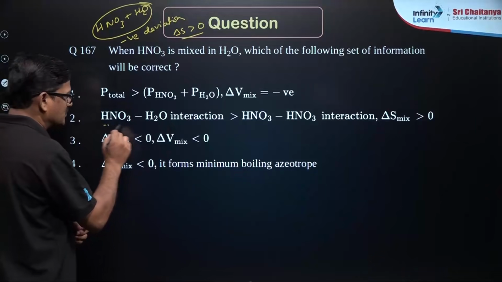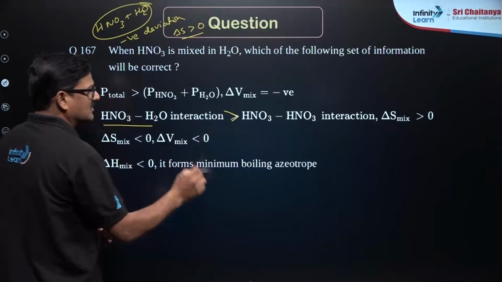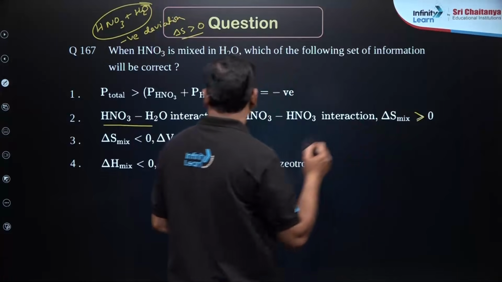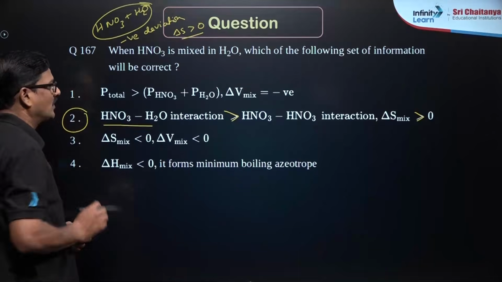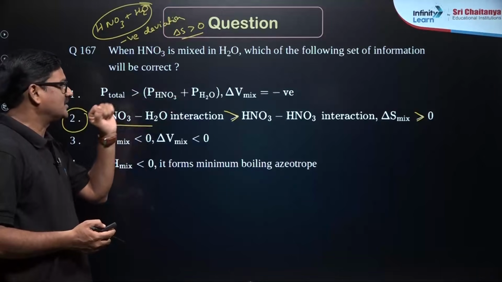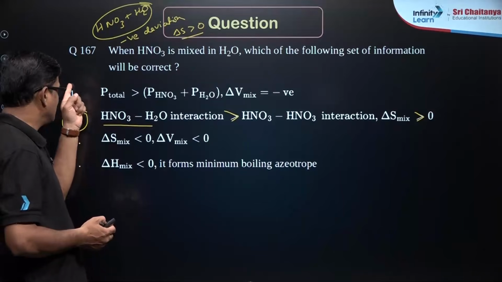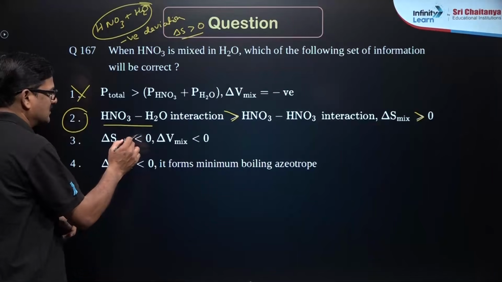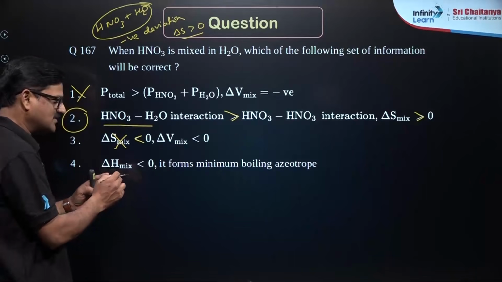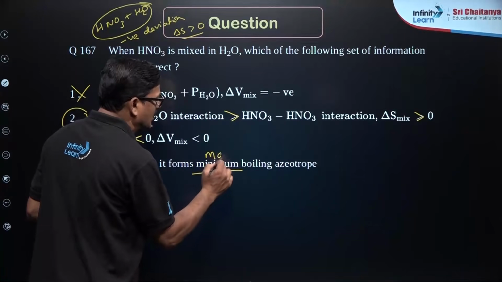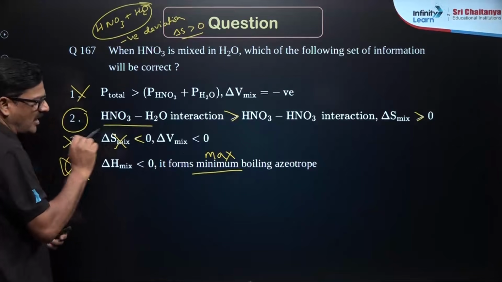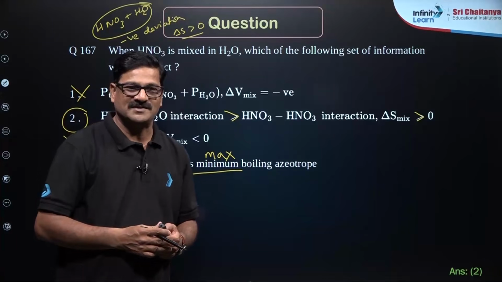So HNO3 H2O intermolecular force is always greater and delta S mix is greater than 0. So I want to say option 2 is correct. But here P total should be less than P HNO3 and P H2O. That is a negative deviation, therefore it is wrong. Delta S cannot be 0, wrong. And delta H less than 0 and it forms a maximum boiling azeotrope, therefore it is also wrong. So I want to say option 2 is the correct answer for this question.